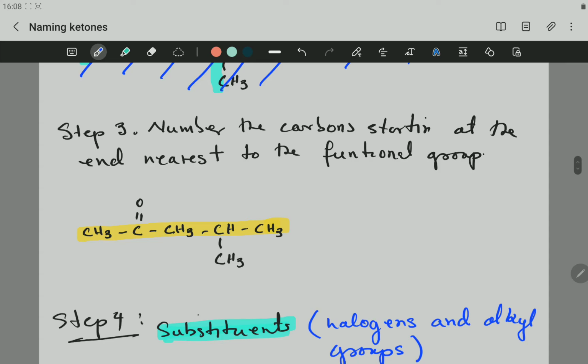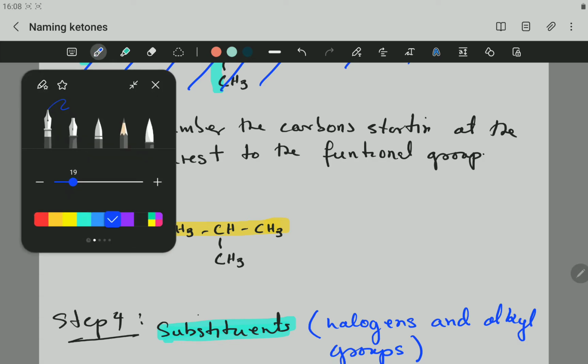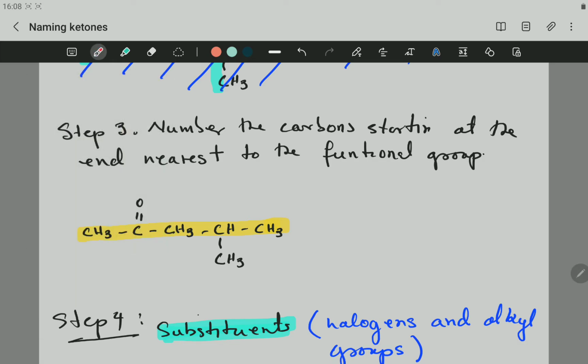Number the carbons starting at the end nearest to the functional group. Now here we have to look at the functional group, because unlike an aldehyde, the functional group is somewhere in between. If you start from the bottom, you have 1, 2, 3, 4, and 5. If you start from the top, you have 1, 2, 3, 4, and 5.